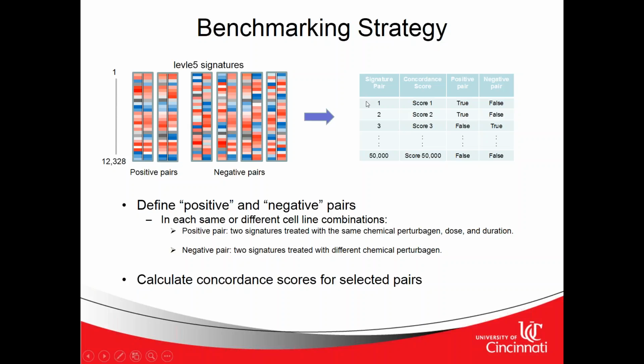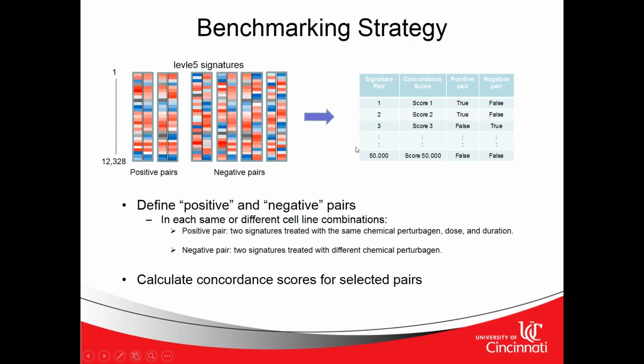After we collect these pairs, through all possible pairs, we pick, in most of these cases, all available positive pairs, and for the remaining up to 50,000 pairs in each set, we pick negative pairs.